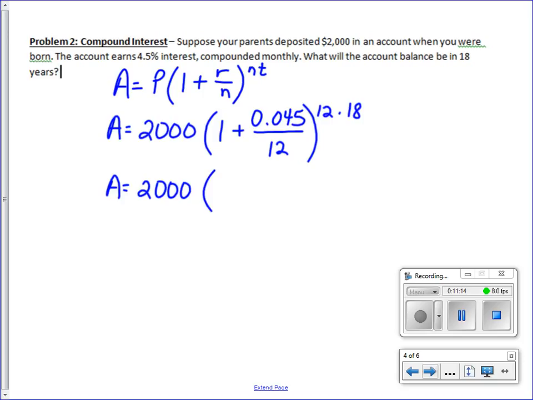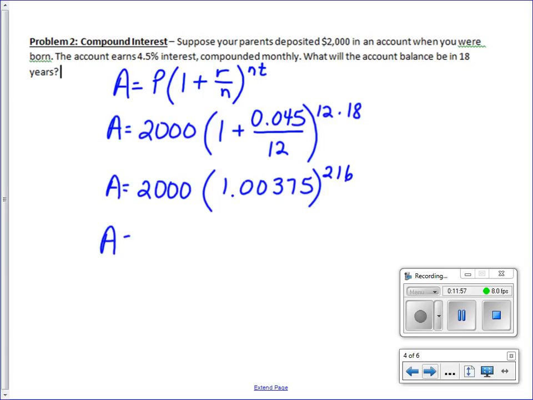I am going to take 1, and I'm going to add to that 45 thousandths divided by 12, which is 1.00375. 1.00375 represents our growth factor, and the number of time periods, it's 18 years times 12 months for each year, which would be to the power of 216.